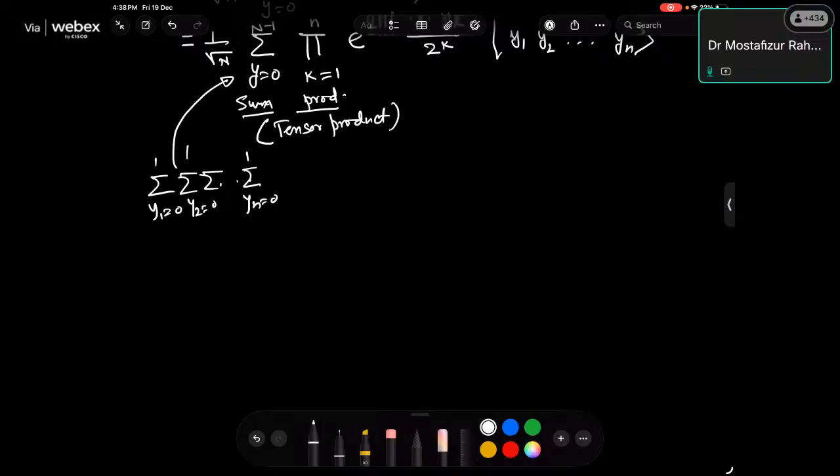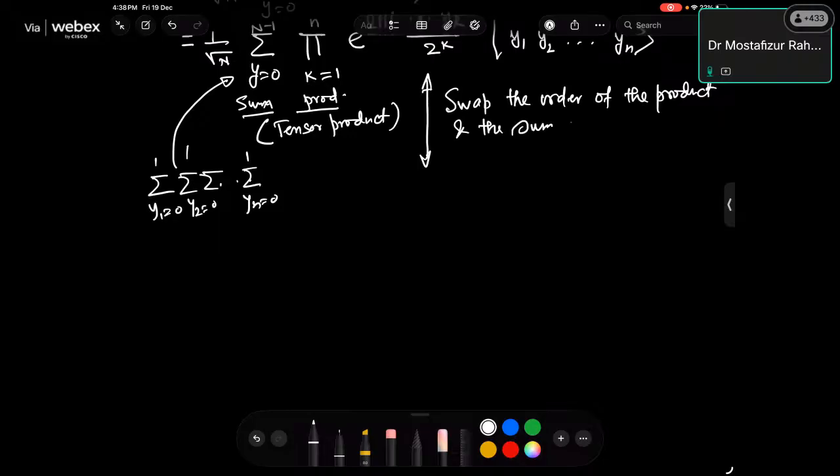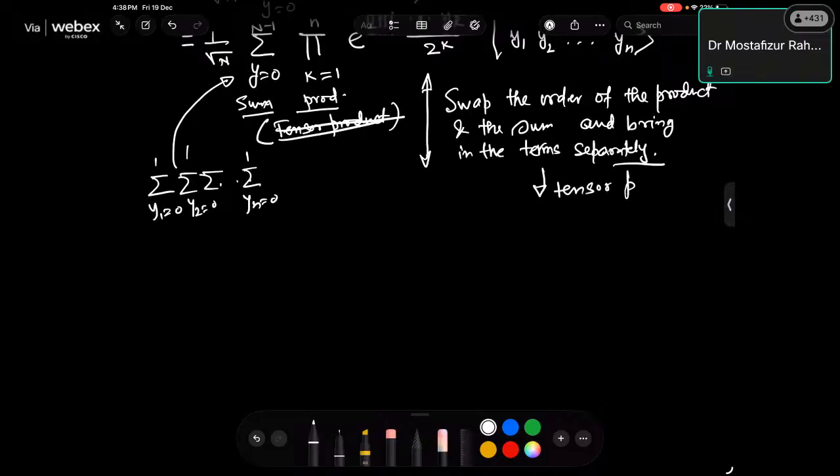So what we are doing here is, we'll swap the order of the product and the sum, and bring in the terms separately, which is called the tensor product.